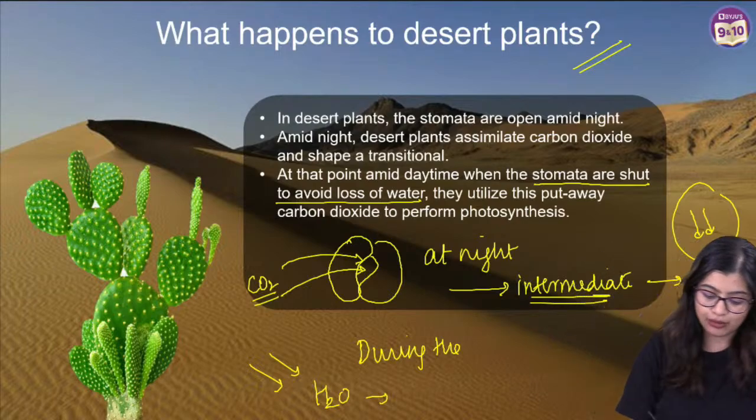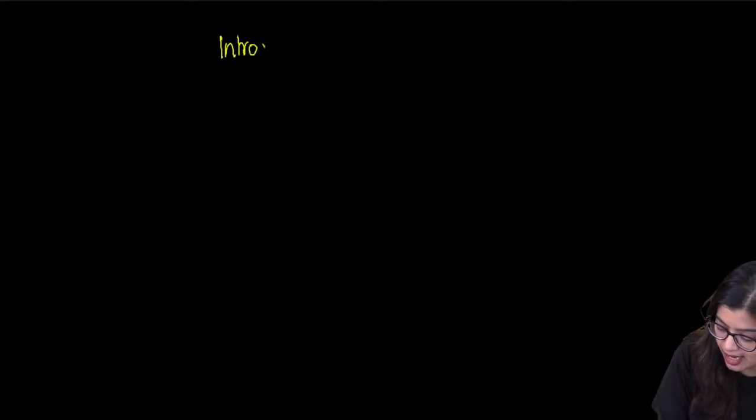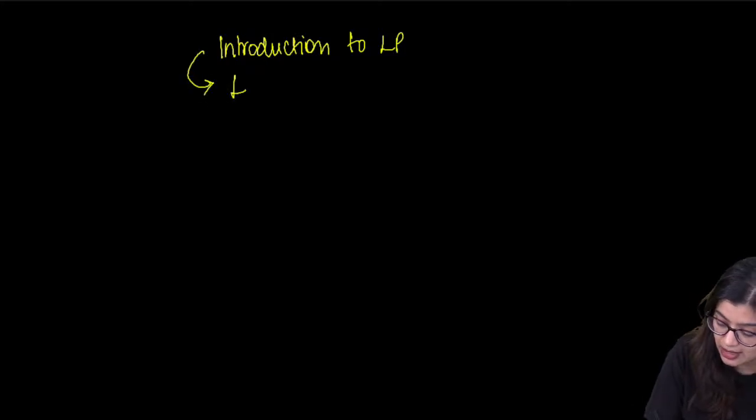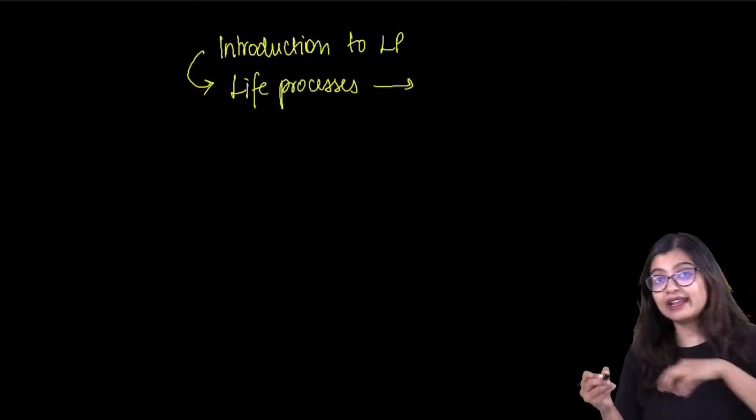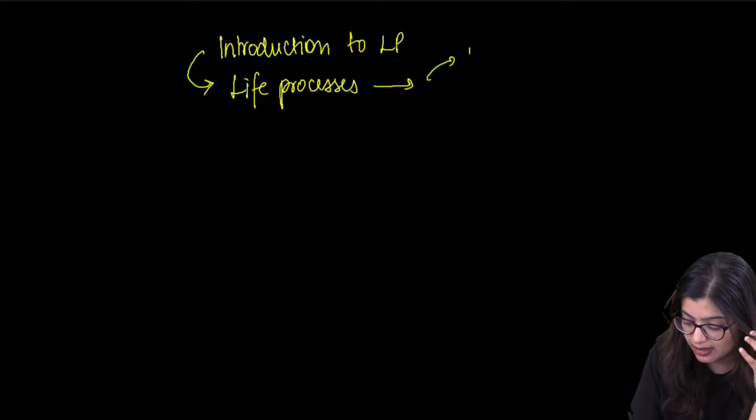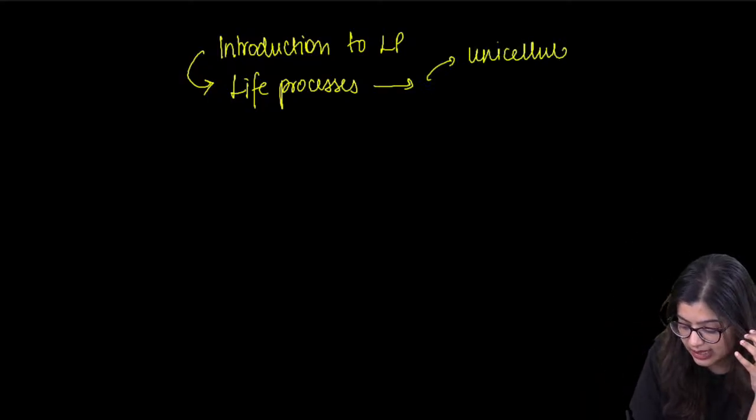So with this, if you see, we have completed the following topics. We started our class with the introduction to life process. We learned about what are life processes, and we learned about how the same life process happens slightly differently between unicellular and multicellular organisms based on body design.